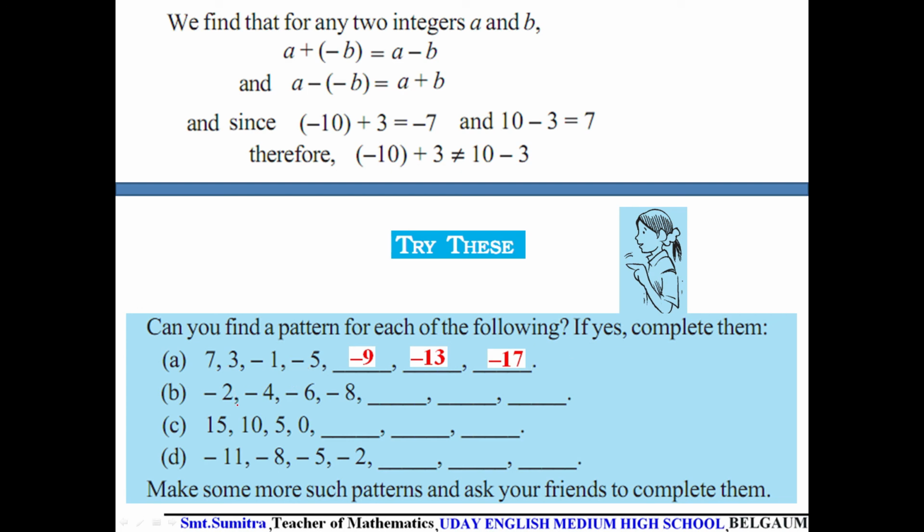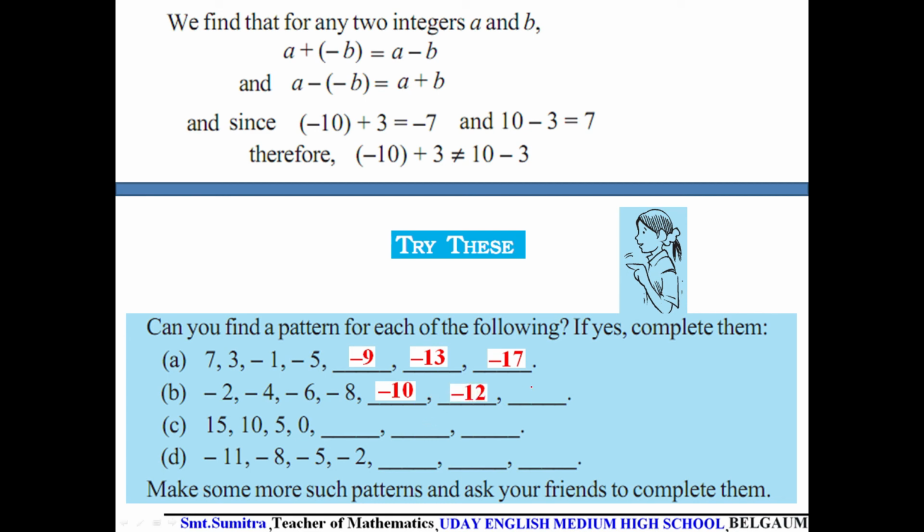Minus 2, minus 4, minus 6, minus 8. So here minus 2 is taken in each case. We now do minus 8 minus 2. It becomes minus 10. Minus 10 minus 2 becomes minus 12.